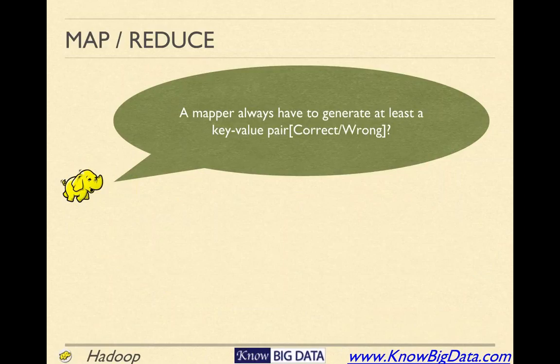Do we have to generate a key value for each line, or can we skip generating the key values? Correct or wrong? A mapper always has to generate at least a key value pair.